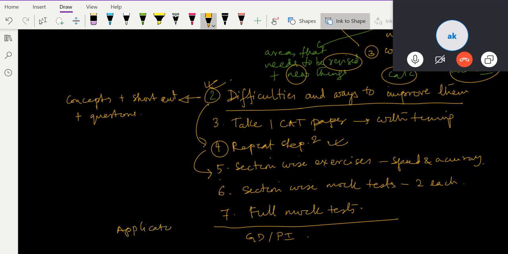There are a lot of questions there which we'll talk about. So this is the overall preparation plan and strategy for the next 6 months, or I would say the next 1 year, because it will include GDPI as well.